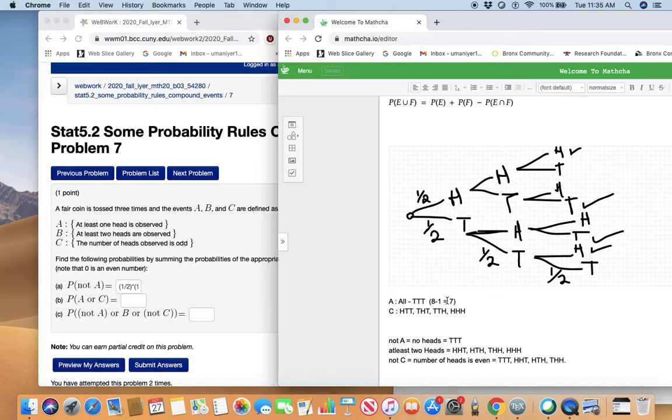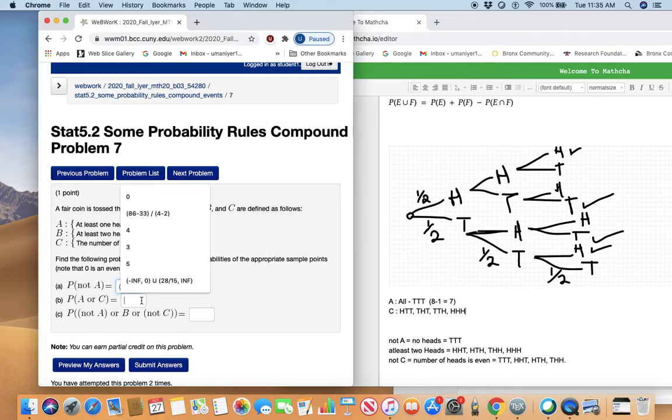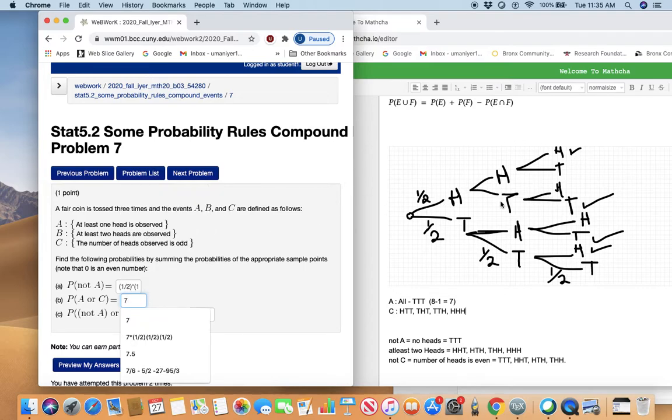So A or C is simply A, which is 7 sequences. Each sequence, as we just saw, is half times half times half because each sequence has 3 branches, right? HHH, HHT, HTH, HTT, and so on. These are all branches. Each branch gets a probability of 1/2. So A or C gets a probability of 7 times half times half times half.